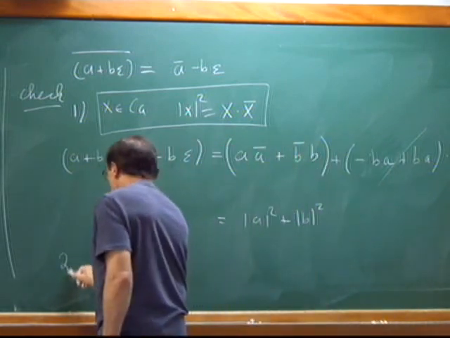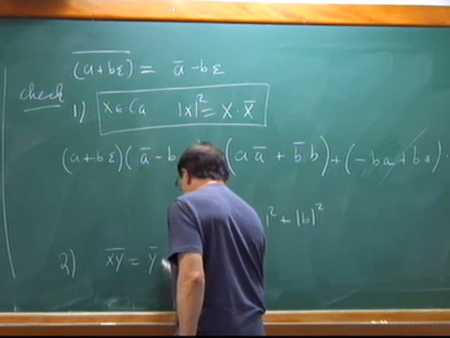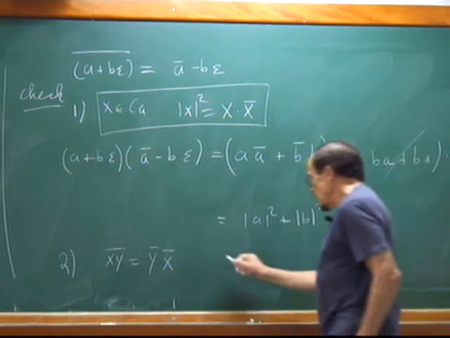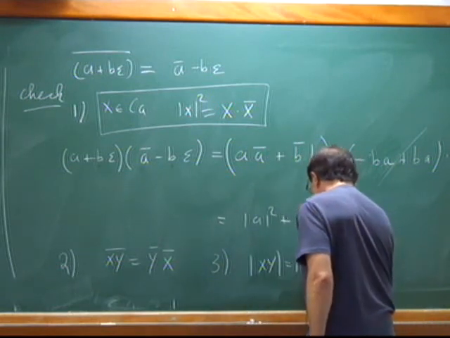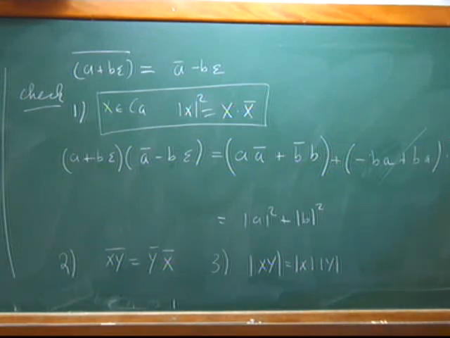Another thing you have to check, and I'm not going to do all of them. That rule holds, which you know for quaternions. And the important part is that norm of xy is norm x times norm y. So multiplication preserves the norm.